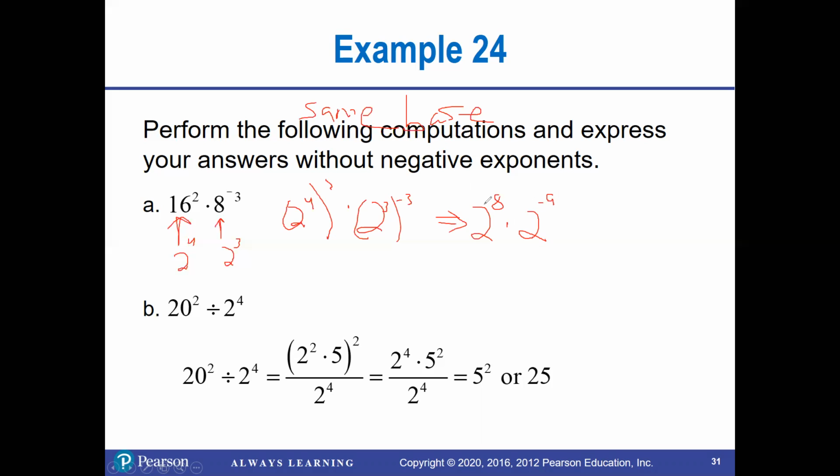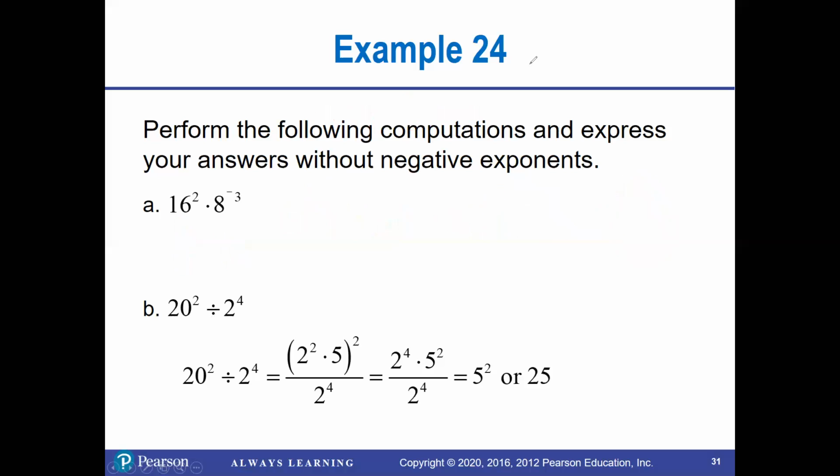If I use my exponent rules here, I add these together, I get 2 to the -1, which I can't have as a negative exponent in my final answer, so that brings it down to the bottom. So I get 1/2. Now, this one you would never do with your elementary kids. Never. And most of the stuff you're not going to do in elementary, maybe upper level junior high.